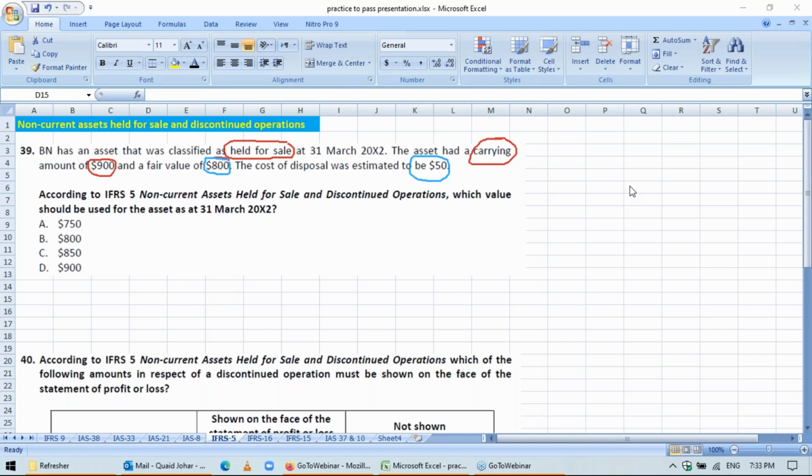So what the standard says here is that a loss is expected in this question. The asset will be carried at the lower of carrying value and fair value less cost to sell.